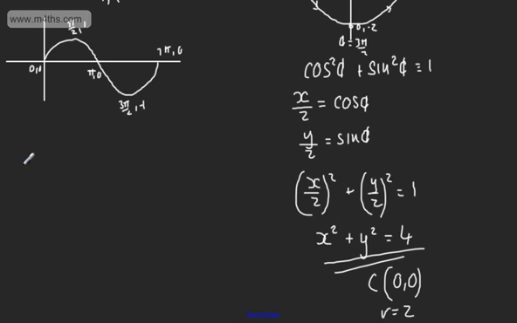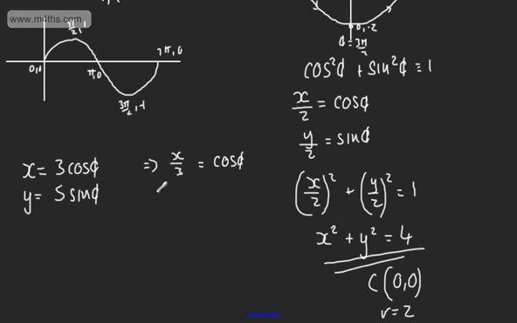Let's say I've got x is equal to 3 cos theta, and y is equal to, let's say, 5 sine theta. So again, I can say from here the following. I can say x over 3 is equal to cos theta.